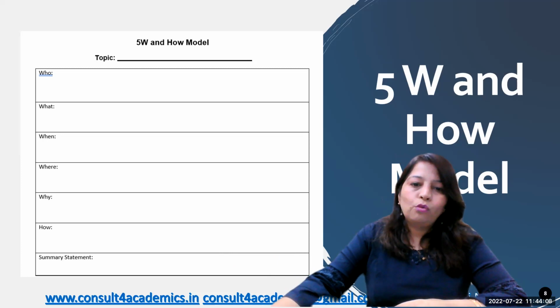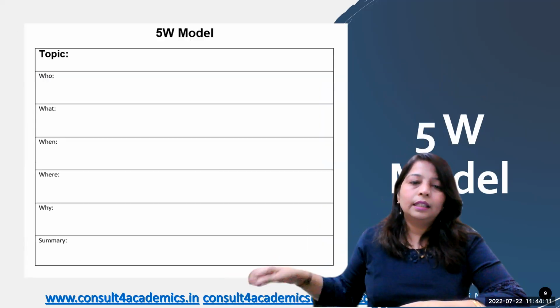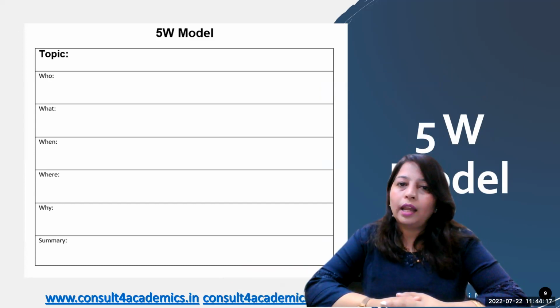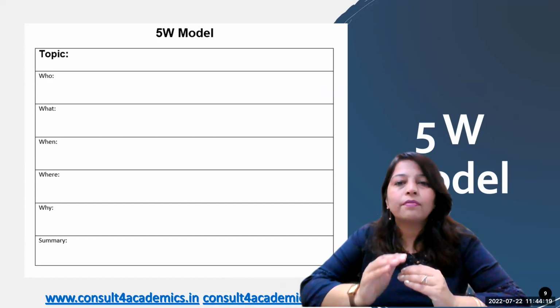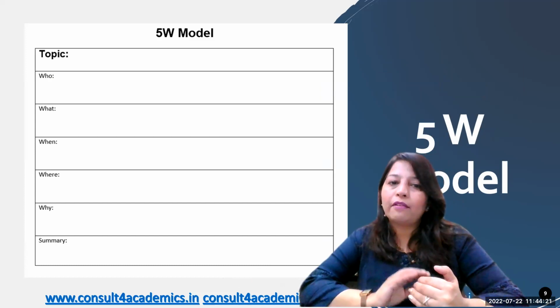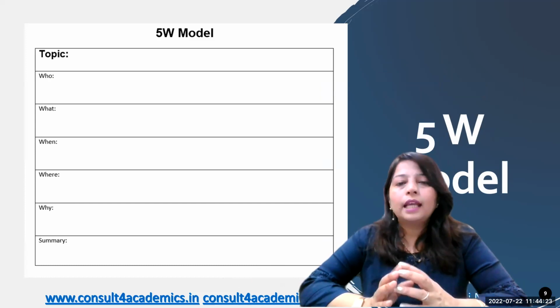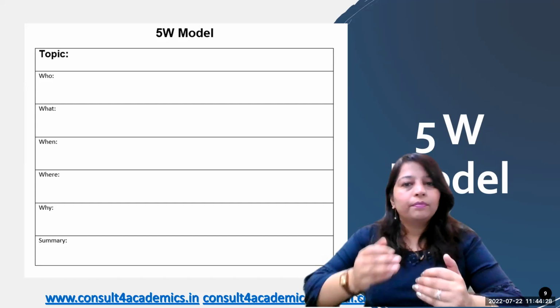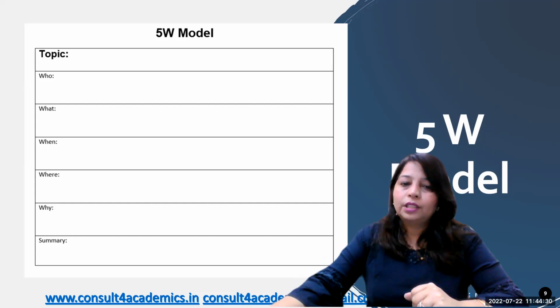Now, if I move ahead, here I have removed the H, that is the how part. The who, what, when, where, why, and the summary is given. So I have deleted the how part. It is the 5W model. In case your children are small and you want to do it as per the time limit, you can give it as 5W as well.